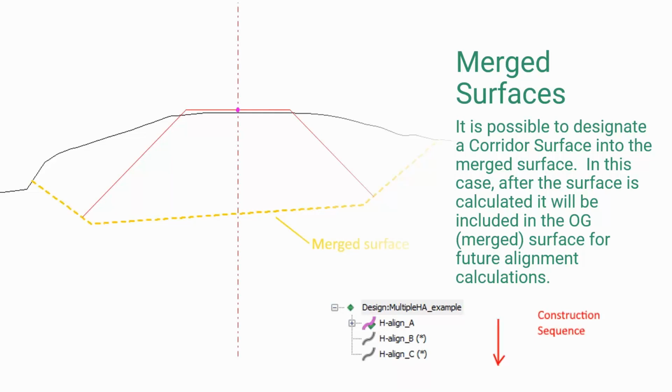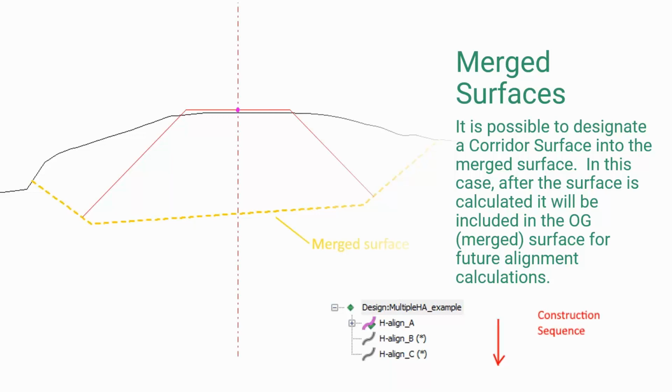Craig's going to show this in detail in his example with the culvert, but we can basically create surfaces that get merged down to become the original alignment, or the OG, and then we can use that in our future alignment calculations. It sounds complicated, but when you see it in action, it actually makes a ton more sense, and it's really powerful for simplifying your workflow.